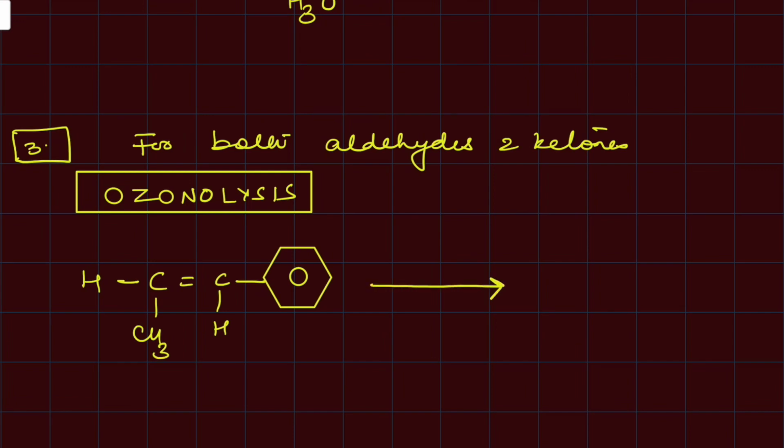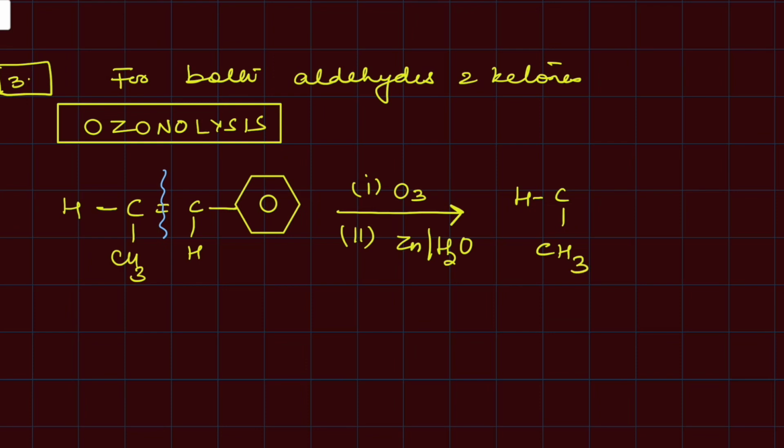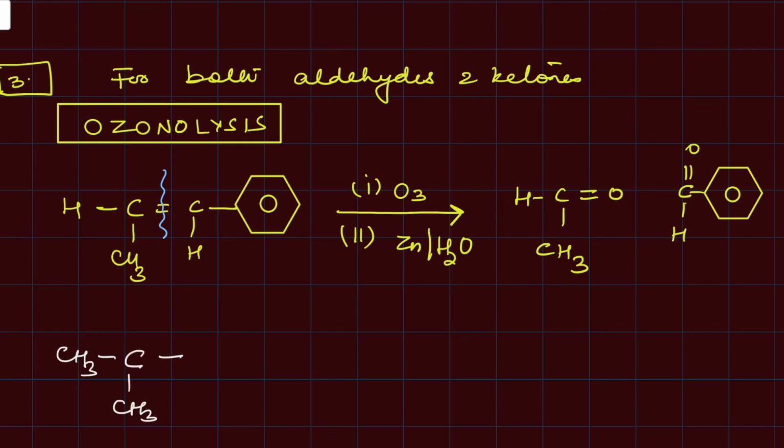So once I perform ozonolysis, for this you can go through the video on ozonolysis. By this method you get a combination of aldehyde and ketone depending on the carbon to which the double bond is attached. Here I have taken the example where you get an aliphatic aldehyde and an aromatic aldehyde, that is benzaldehyde. But what if this carbon had no hydrogen, and on this side you have the same benzene?